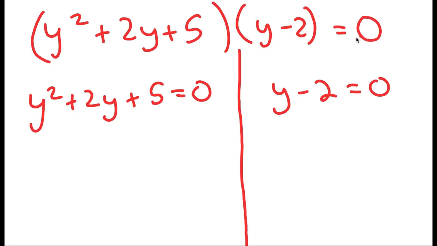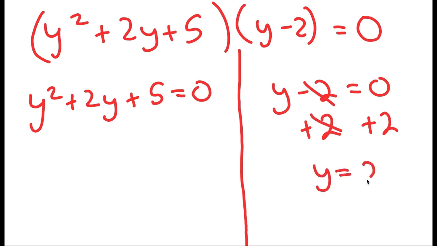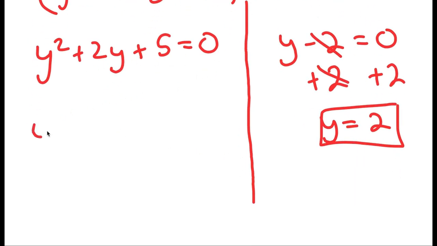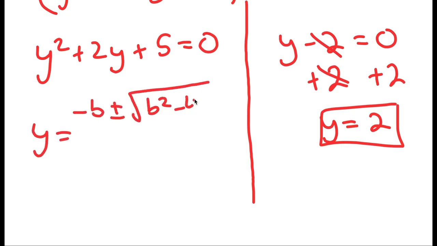So now for y minus 2 equals 0, I'm going to add 2 on both sides. So I get y is equal to 2. And for y squared plus 2y plus 5 equals 0, I'm going to use the quadratic formula, which is negative b plus or minus the square root of b squared minus 4ac all over 2a.